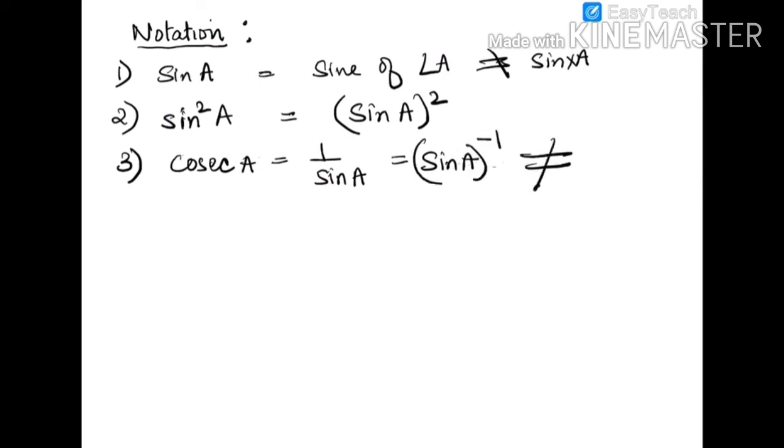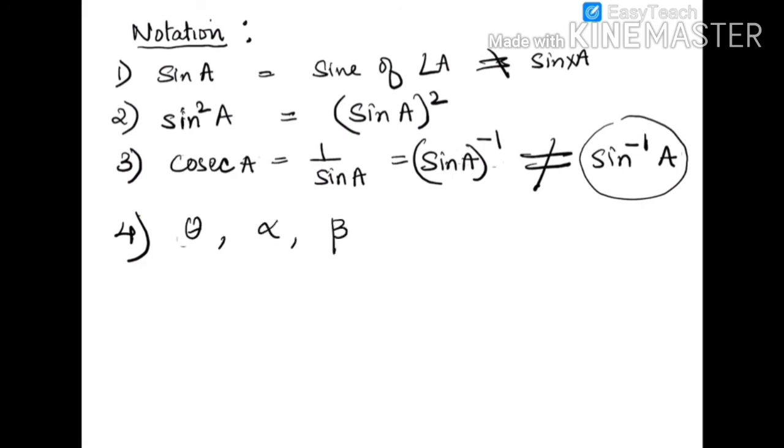But this does not mean that this is equal to sin to the power minus 1 of A. That is an inverse trigonometric ratio, which means something different. So these two will not be equal. We have used alphabets to denote the angles, but we can use Greek letters like theta, alpha or beta to denote acute angles in a right triangle.